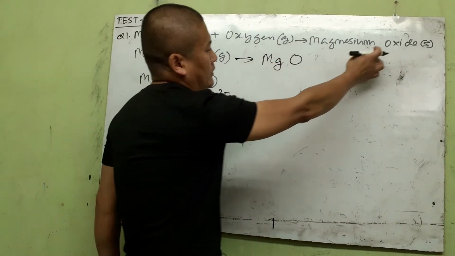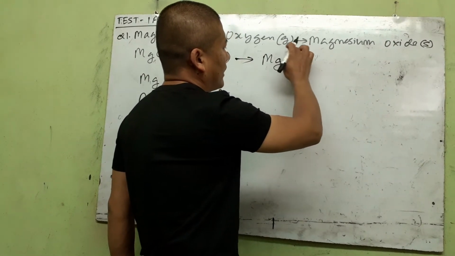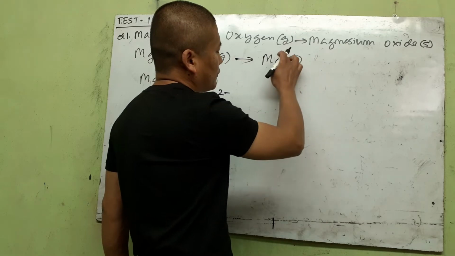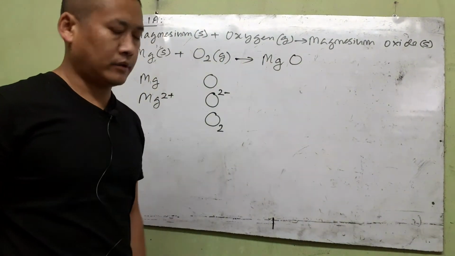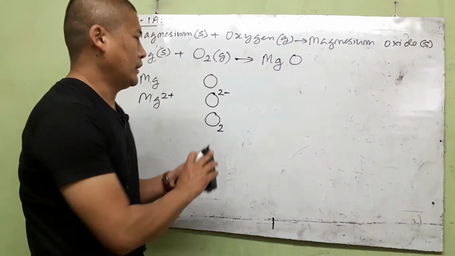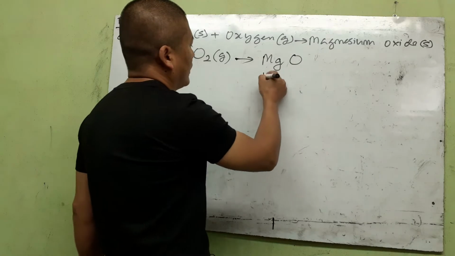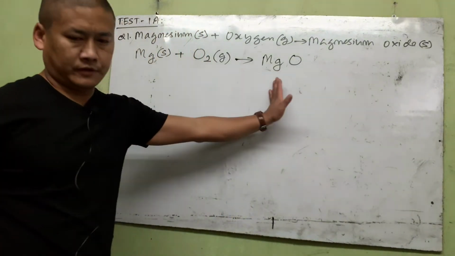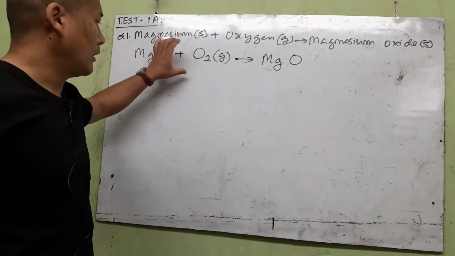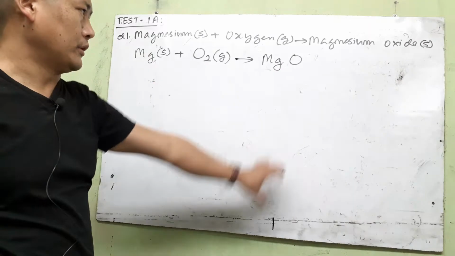Then oxide ion is O2-, so here 2 valency, here also 2-, 2+, they will cancel, so 1 will come down, but since it's 1 to 1, we do not write that. Okay, so this is called the magnesium oxide. So we have here this very equation that we have written using the word equation in the symbolic form, and it is called a skeletal equation.